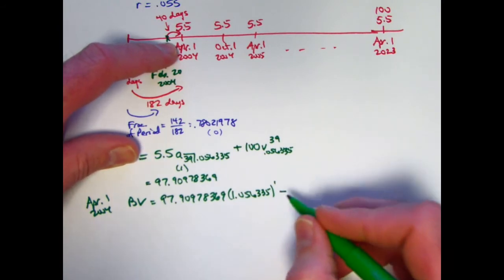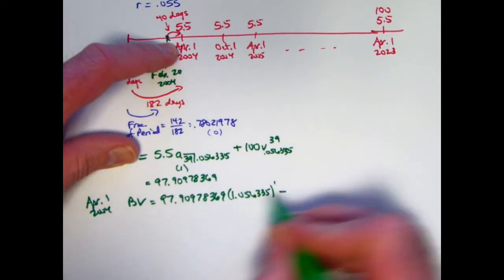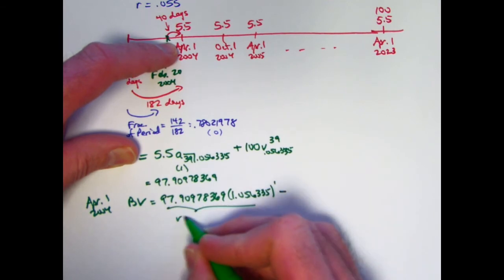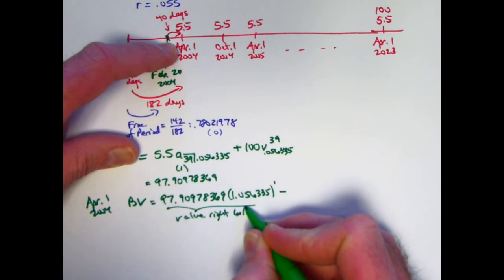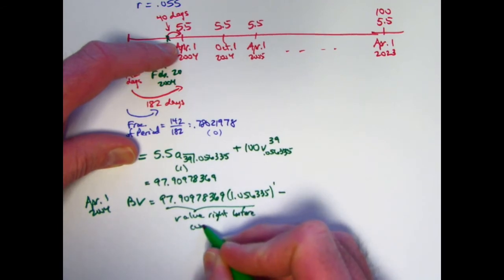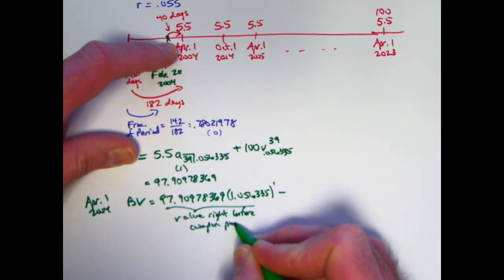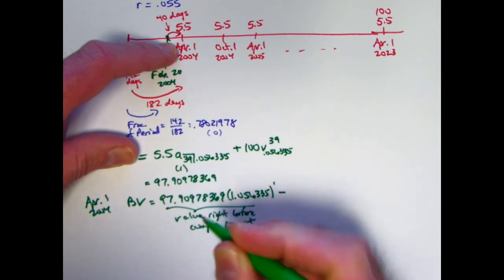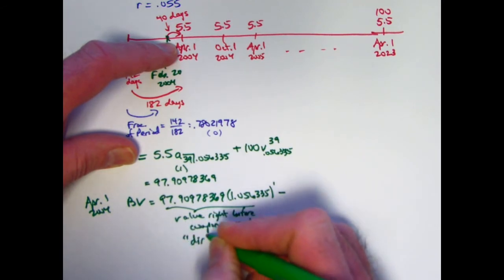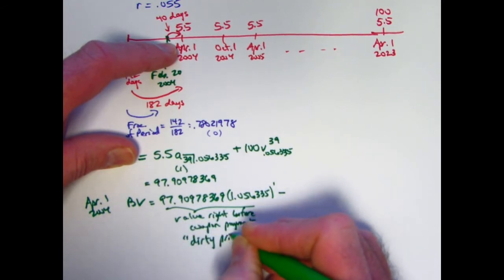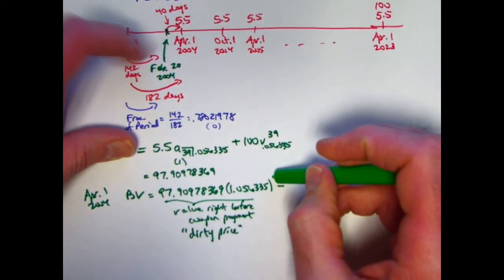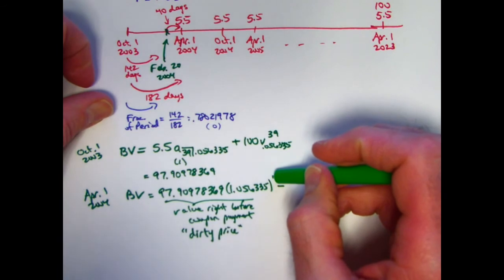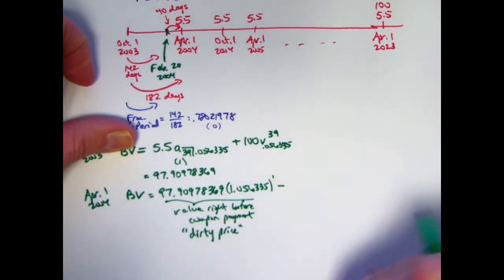Well, that would be the value right before the coupon payment. Sometimes called the dirty price, especially if it's a portion of the period instead of one full period.